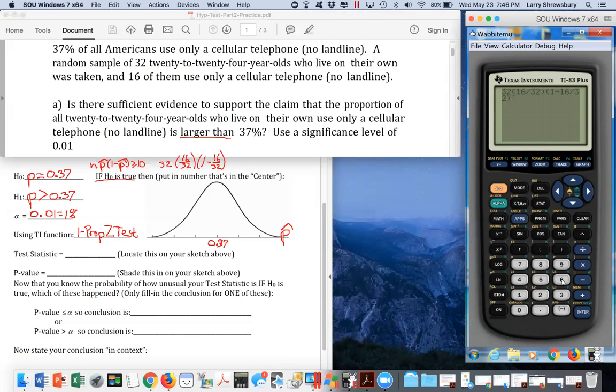Let me double check. Yep, looks like I punched in correctly. And uh-oh, that's equal to 8. What do you think about that? So this is equal to 8, but that's less than 10.